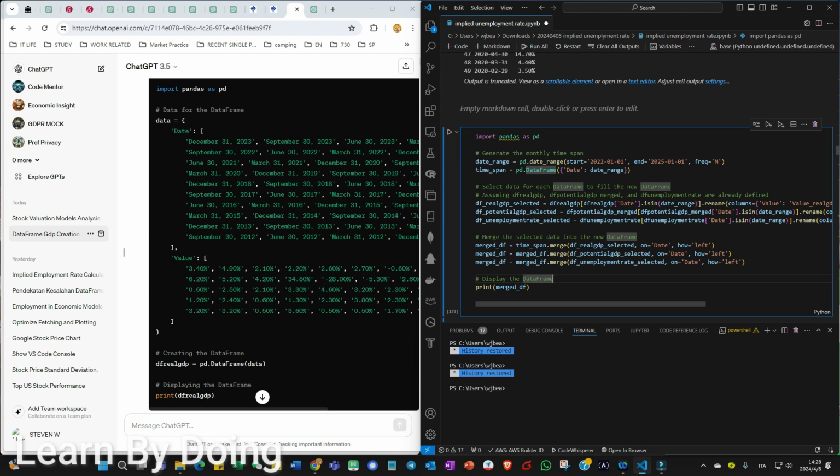Especially here, the potential GDP dataset has extended to 2030 and so on. For the other historical data, they all ended at March of 2024. So the mismatch is obvious.